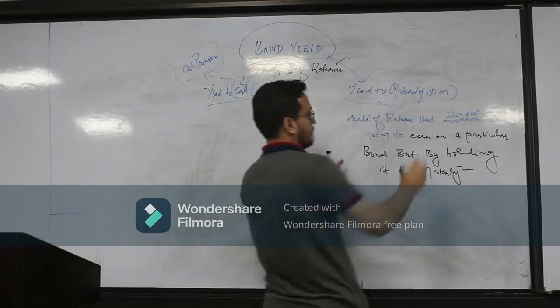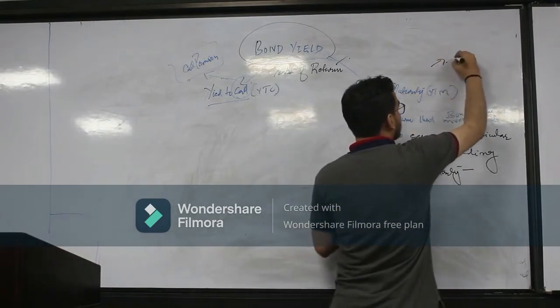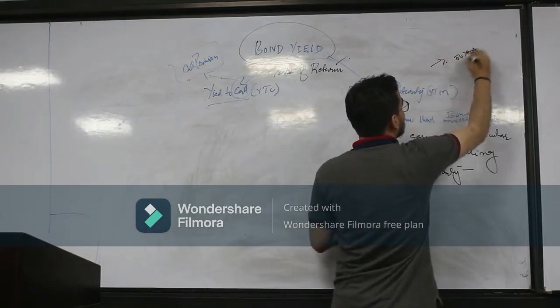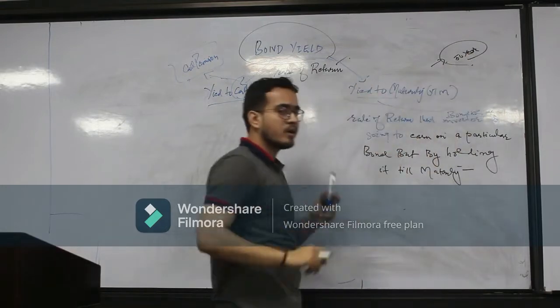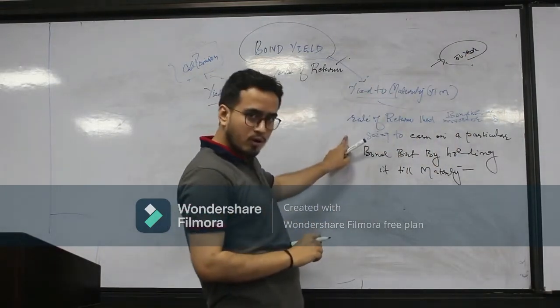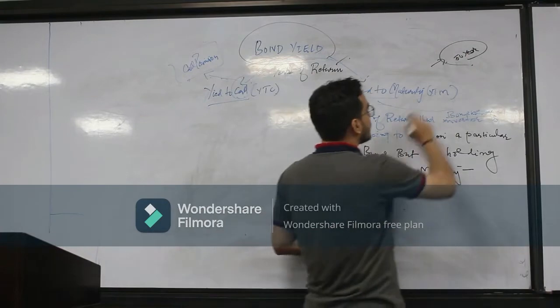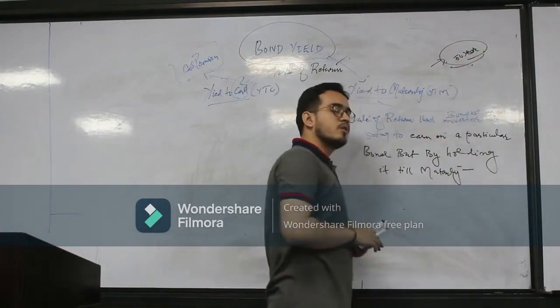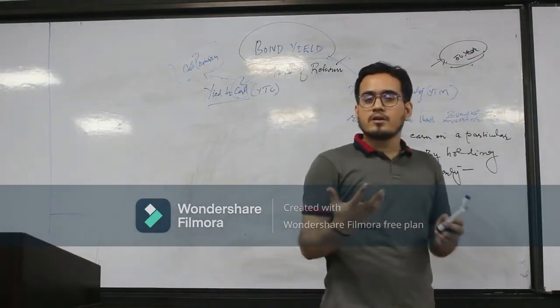Now if a bond has a maturity of 50 years, then the yield to maturity, or rate of return on a bond, is what will be earned if that bond is held till maturity.